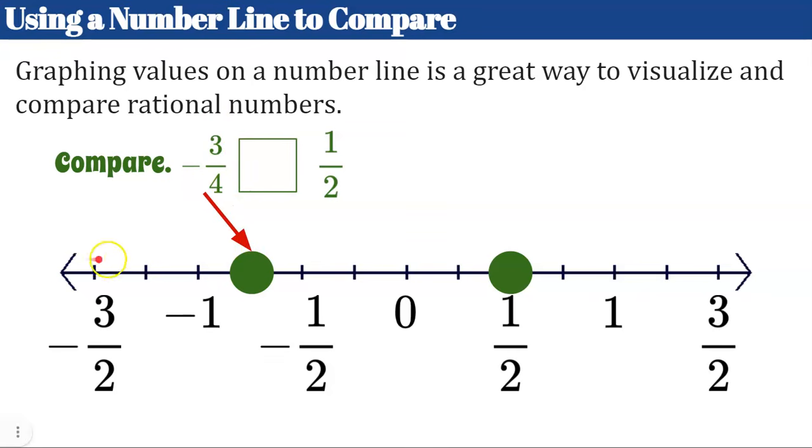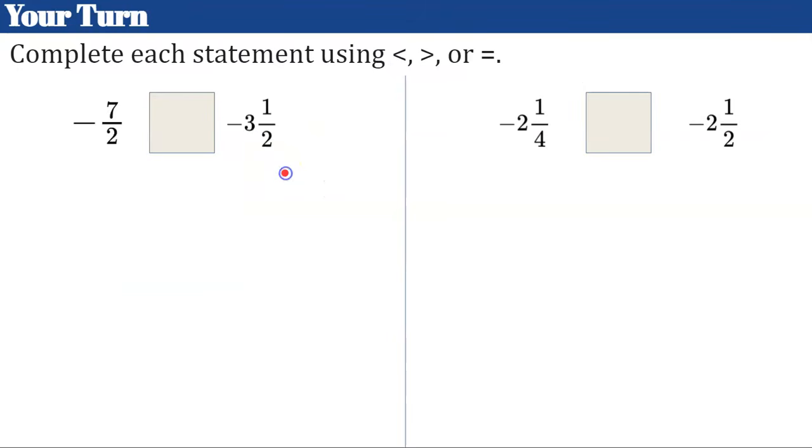So it's closest with nothing next to it to our arrowhead that looks like this. So that is less than. So we know that -3/4 is less than 1/2. So use your number line to help you visualize whether you're doing less than or greater than.